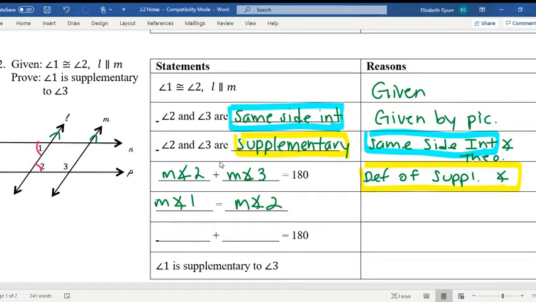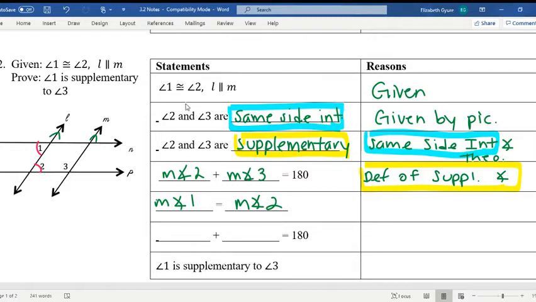So if I have an equation and I want to plug something in, I need to change it into an equal sign, because here I had that 2 and 3 add up to be 180, but don't I want it to be 1 and 3 adding up to be 180? So if I want to be able to plug this 1 in, I need to have an equal sign instead of a congruent symbol. And that's actually what we'll do next.